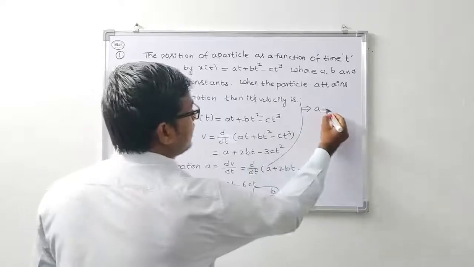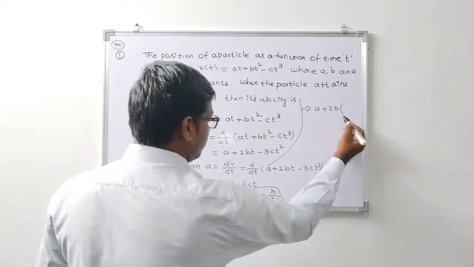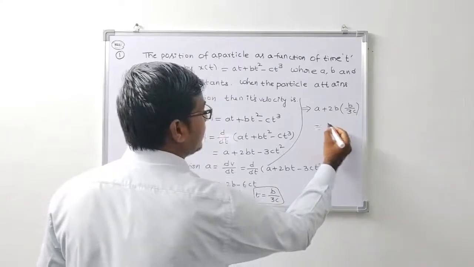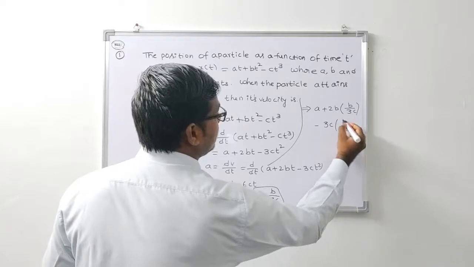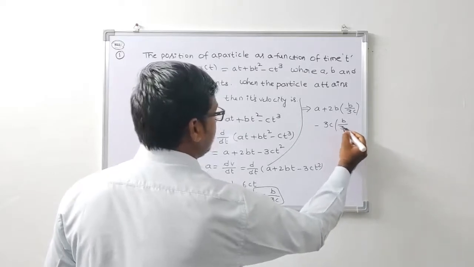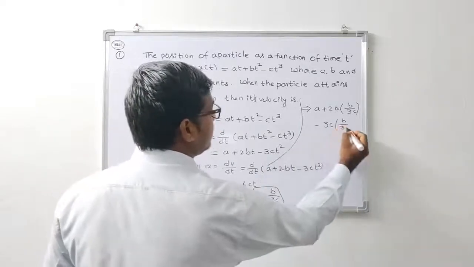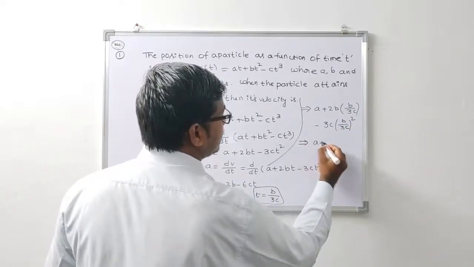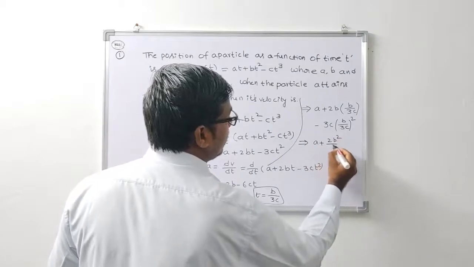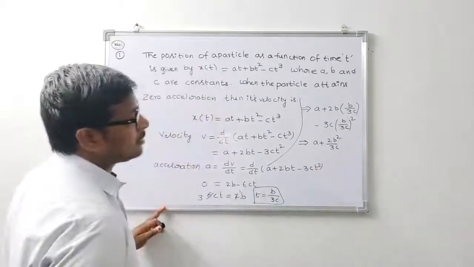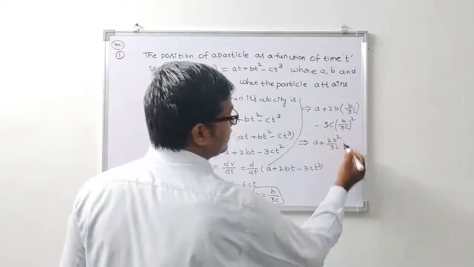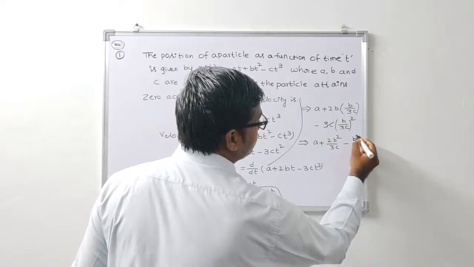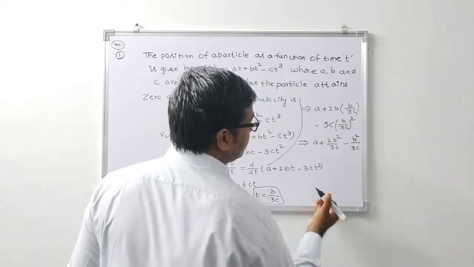a plus 2b into b by 3c minus 3c into b by 3c whole square. Okay, a plus 2b square by 3c, then 3c and 3c cancel, remaining b into b square by 3c.